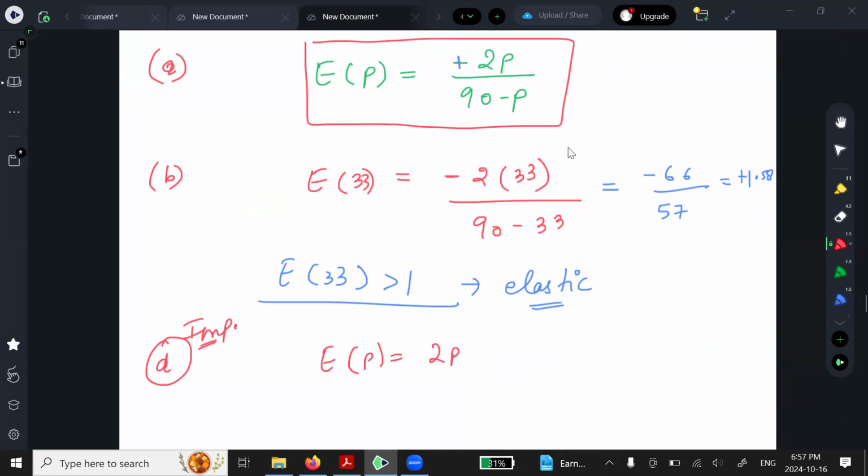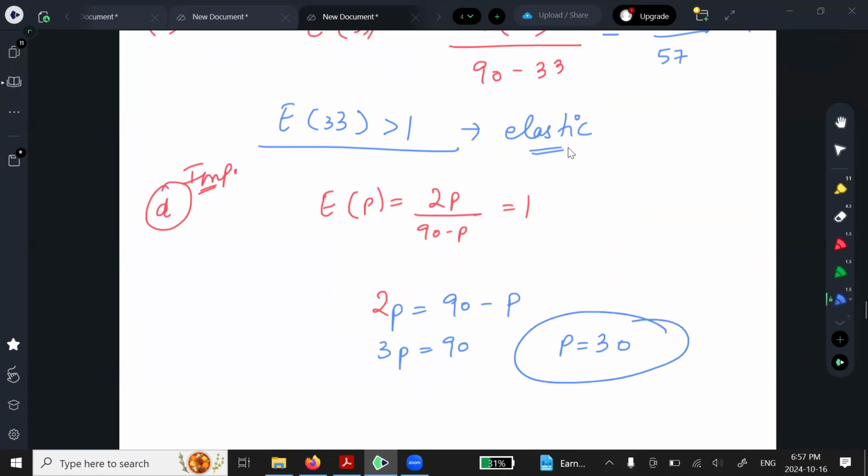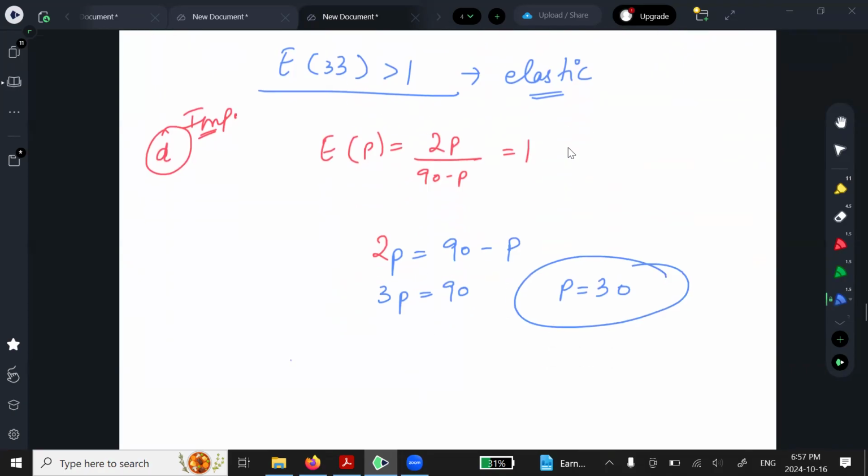And solve it. 2p over 90 minus p equals 1. So you get 2p equals 90 minus p. You get 3p equals 90, p equals 30. So this price will maximize the revenue. Can you find me the maximum revenue? What do you do?